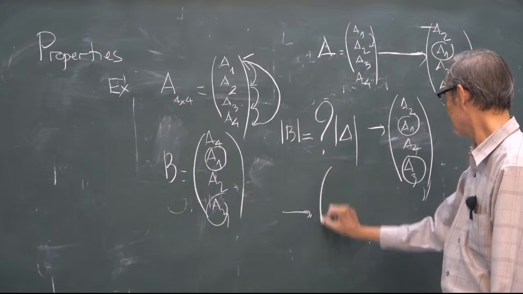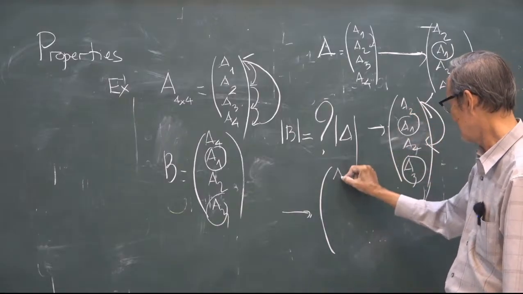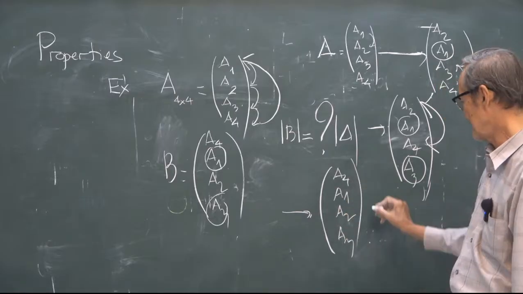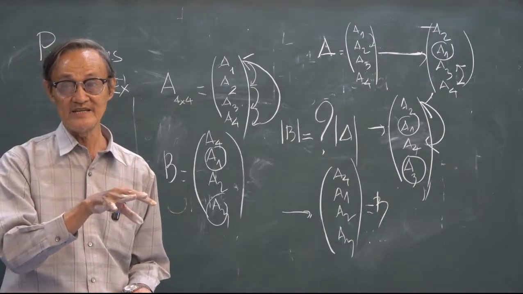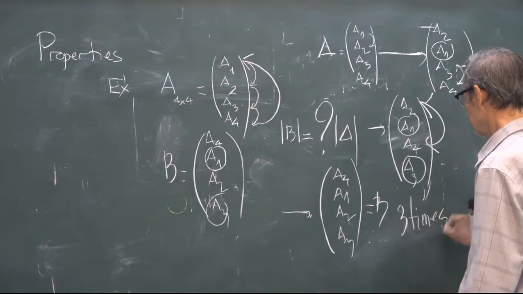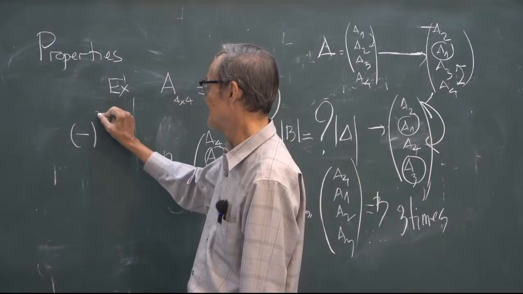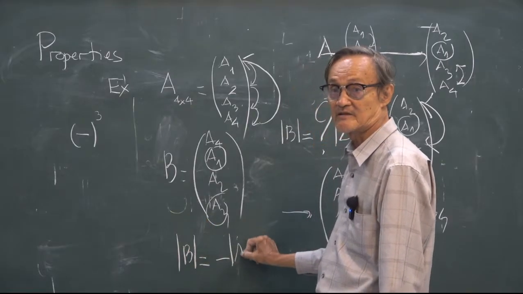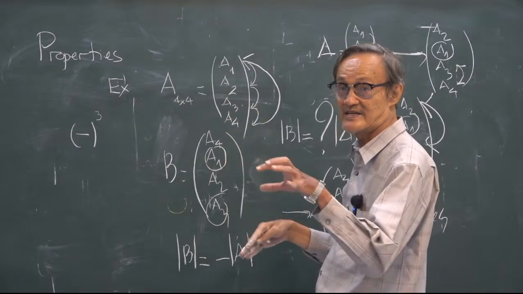And move here, rewrite A1, A2 here and A3 here, and this is B. We exchange two rows step by step, starting from A, transforming into B. So we have three times of exchanging two rows, so 3 minus signs, and the result is determinant of B equals minus determinant of A. Okay, we exchange two rows step by step from A to B.